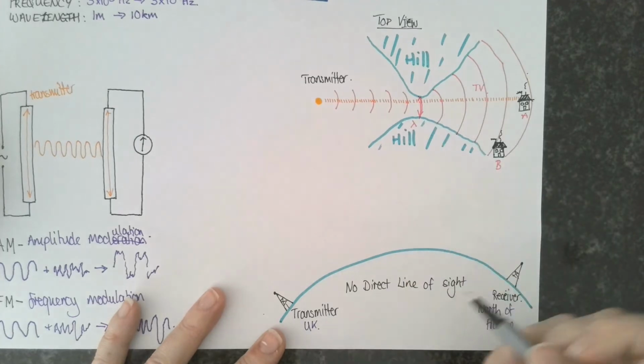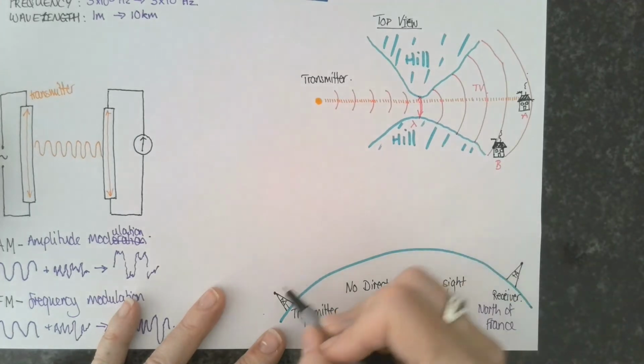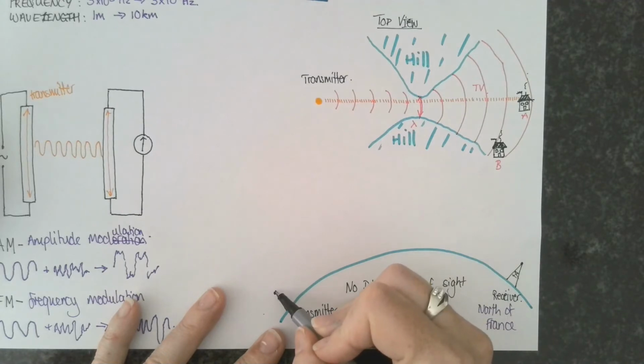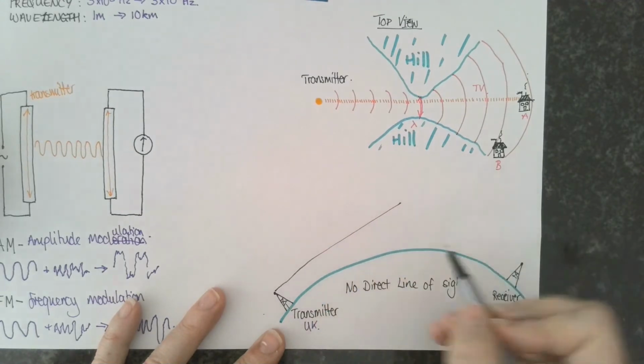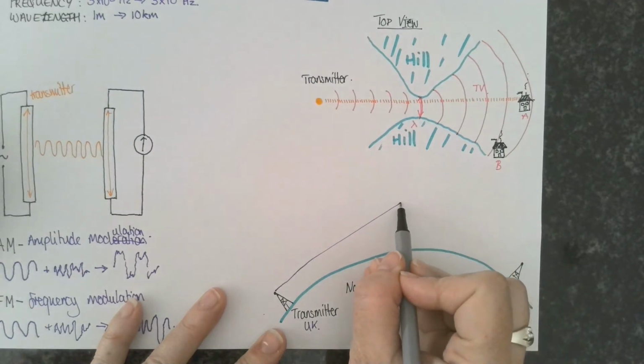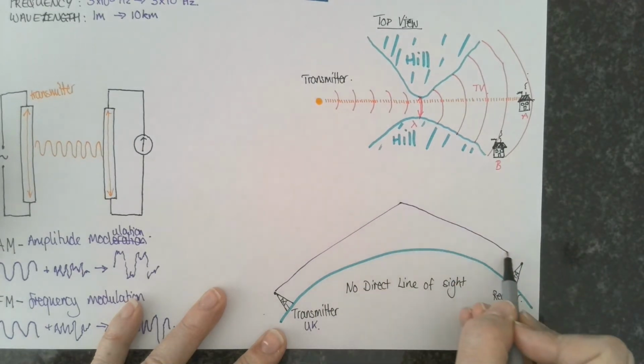But also there's a really cool effect, which is that our atmosphere actually reflects some and refracts some of the radio waves.